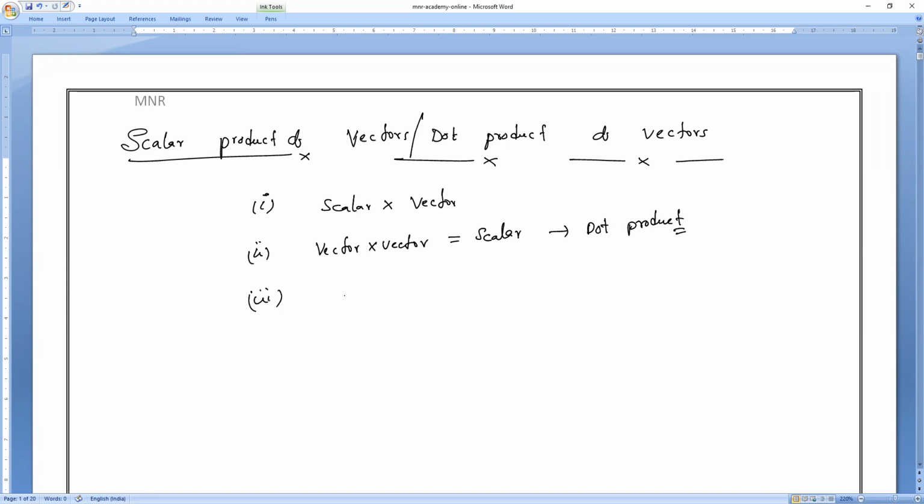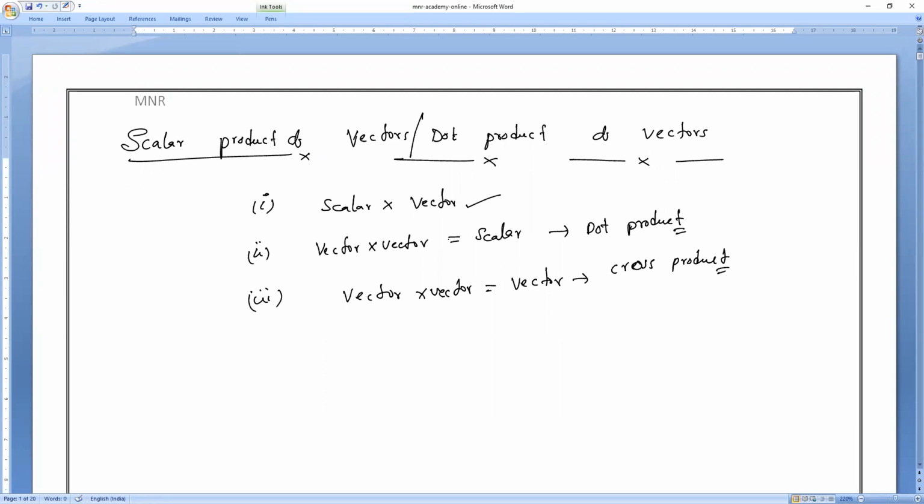Next, we are going to study vector into vector, but we are going to get a vector only. This is what we call the cross product. Most probably we will discuss that in tomorrow's class. Once again, scalar into vector, that's fine.